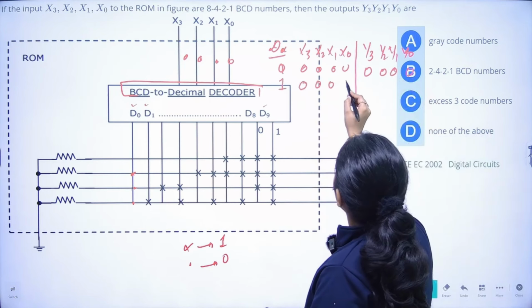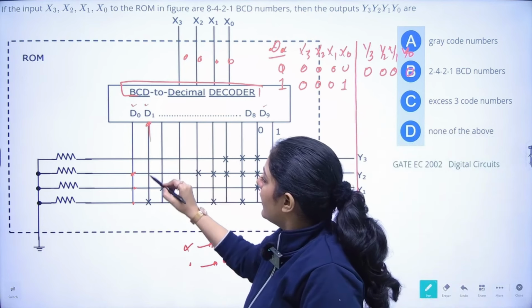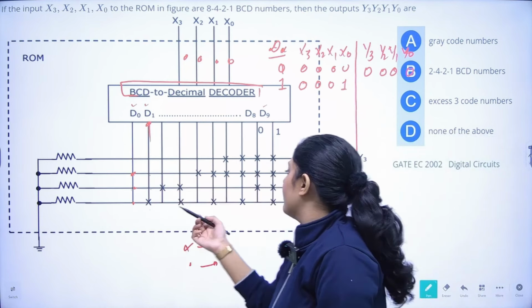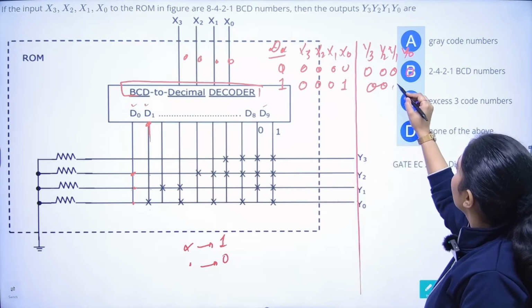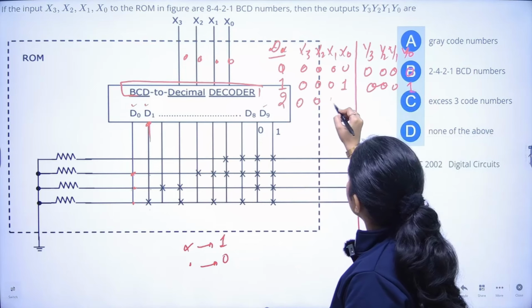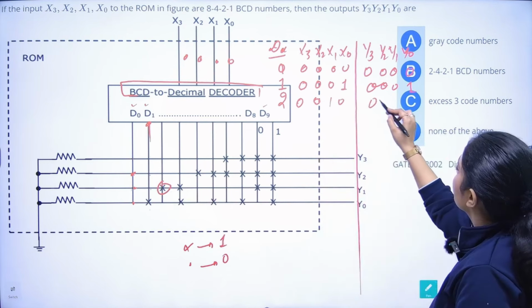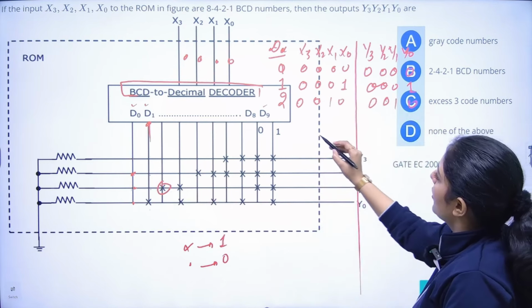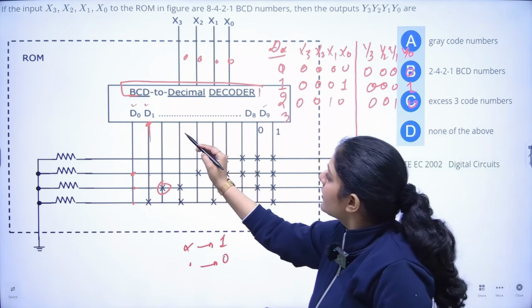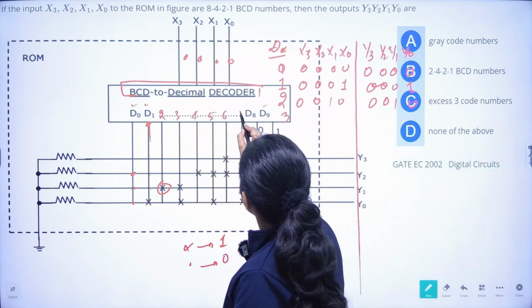Now next, decimal value 1. 0, 0, 0 and 1. Now this is your D1. For this, 0, 0, 0 and 1. Similarly, we can go for 2: 0, 0, 1, 0, and here also 0, 0, 1 and 0. Decimal value 3. So this is 2, 3, 4, 5, 6, 7.